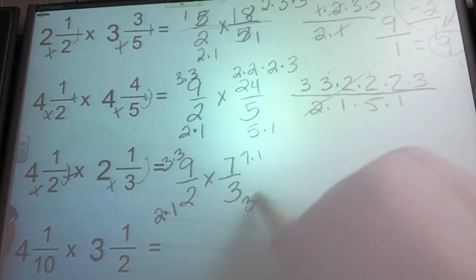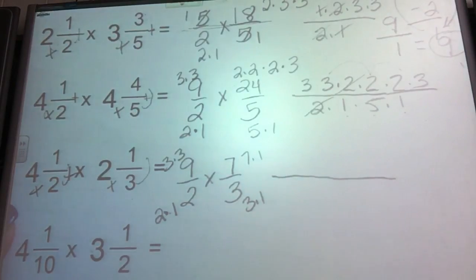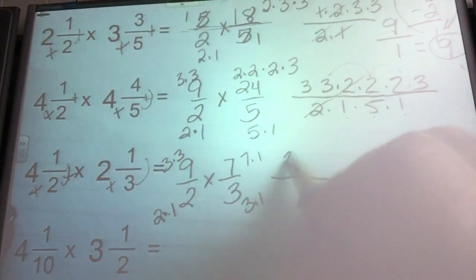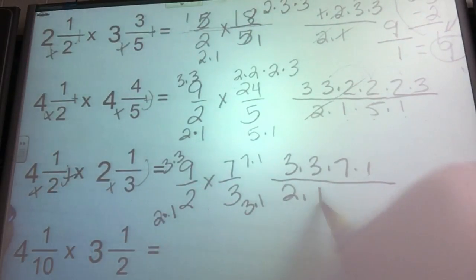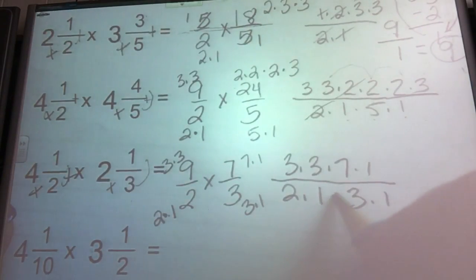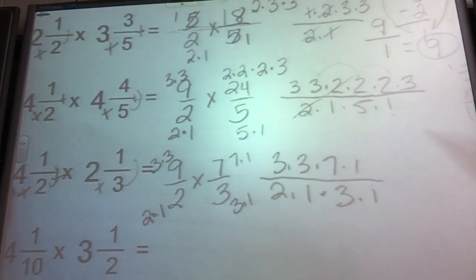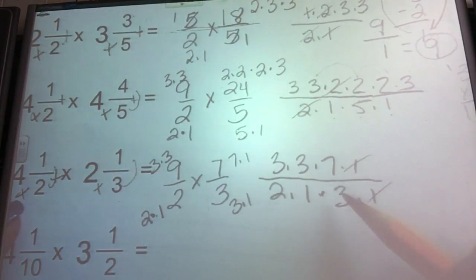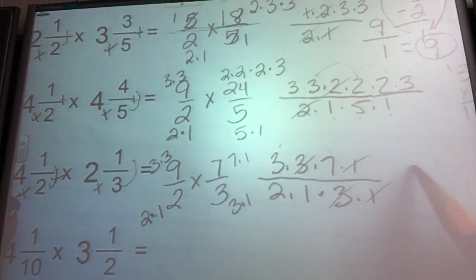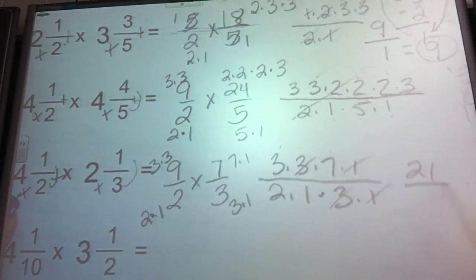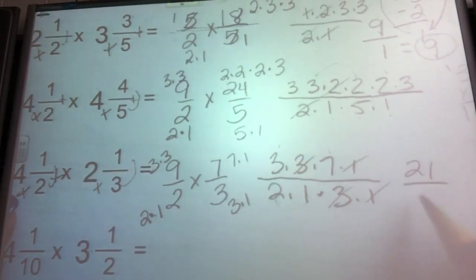Factoring 3 is 3 times 1. 3 times 3 times 7 times 1 over 2 times 1 times 3 times 1. Simplify. We've got 1s, 3s. So we end up with 3 times 7, which is 21, over 2 times 1 is 2.